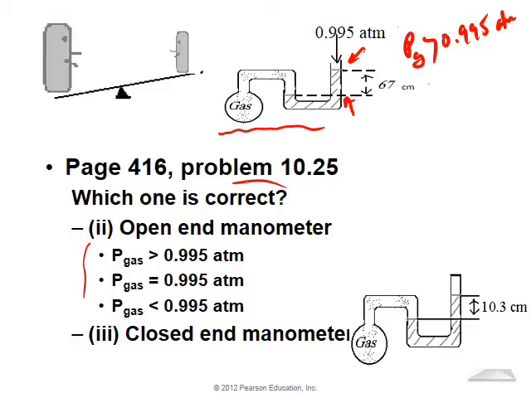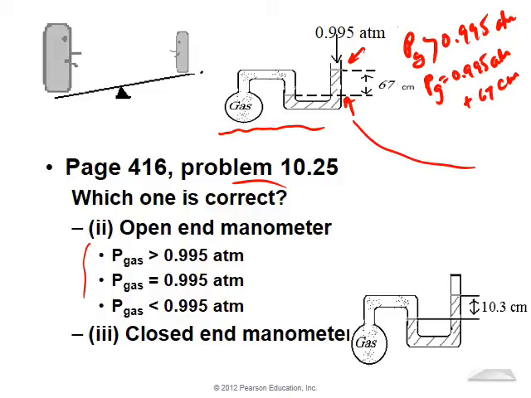So pressure of the gas, I can readily write down, is given by 0.995 in atmosphere, and you're going to add 67 centimeter. Because the units don't match, let me first write down in this way, and then we think about writing down in the right unit.